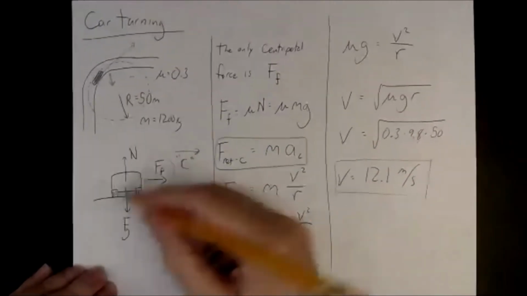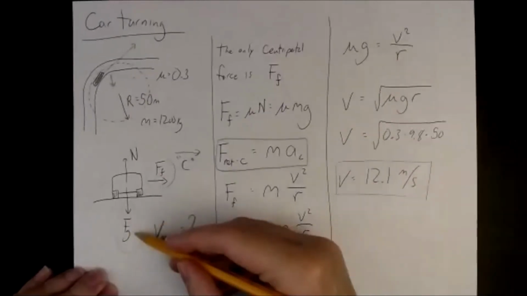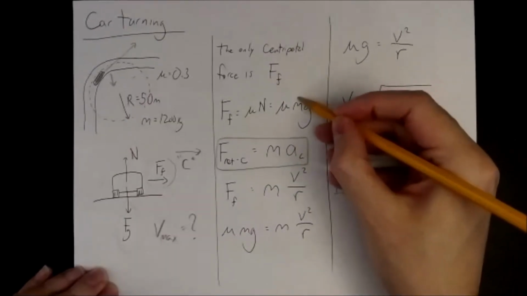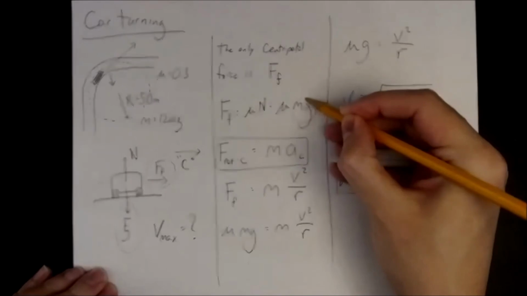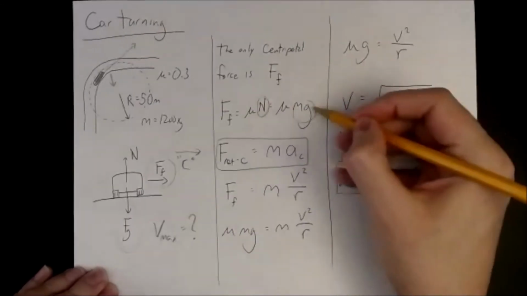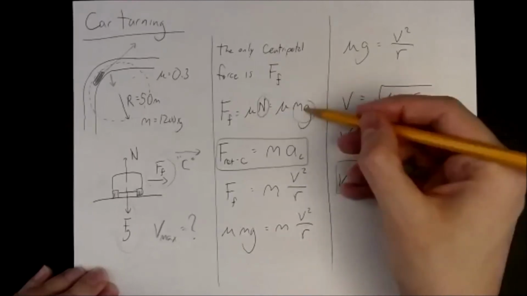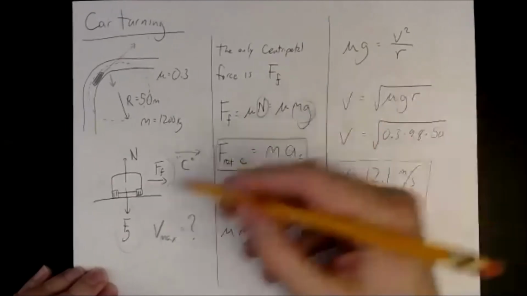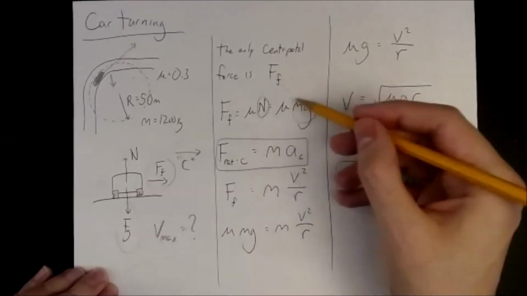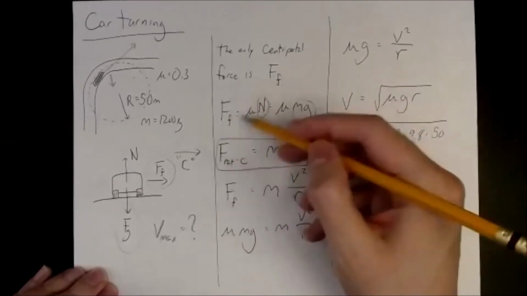Then, why does gravity matter at all? Gravity matters because we had that the normal is equal to mg. And so if normal is equal to mg, then we've got a force of gravity that we have to deal with because the normal is somehow proportional to the friction.